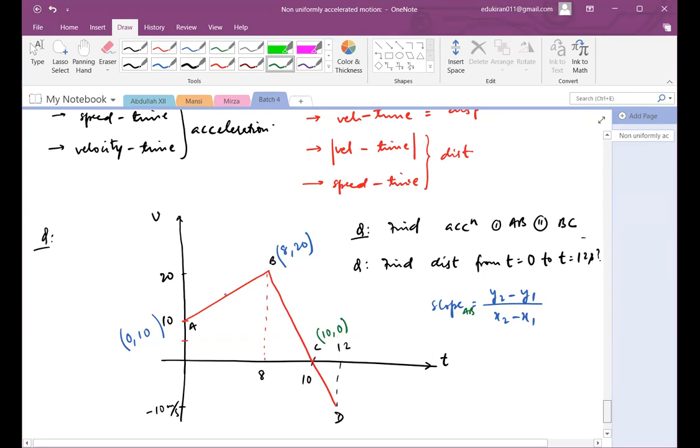Since this line is going along this path, this will be termed as x2, y2, and this will be termed as x1, y1 for BC.